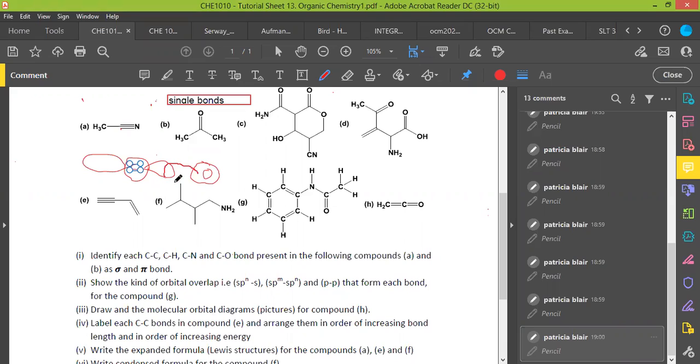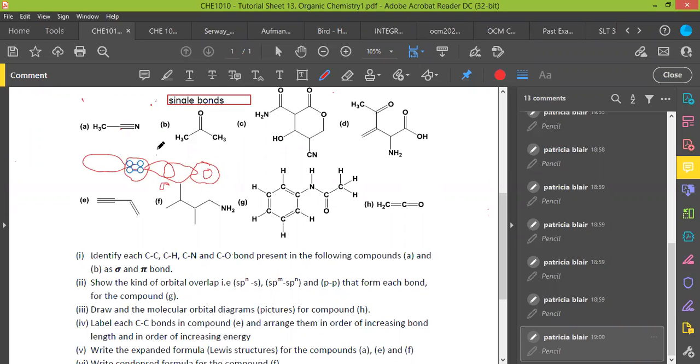So in terms of hybridization, this is sp and this is sp. This is an end-on overlap. This end-on overlap is what forms a sigma bond. So that is the sigma bond. One of these bonds here you have defined.